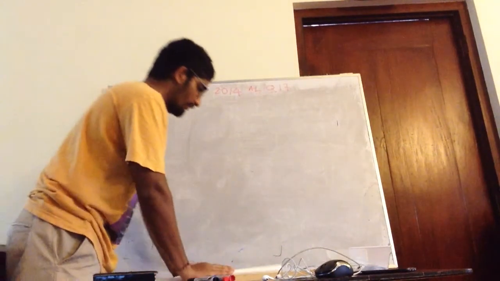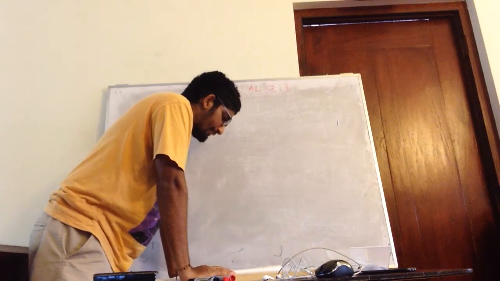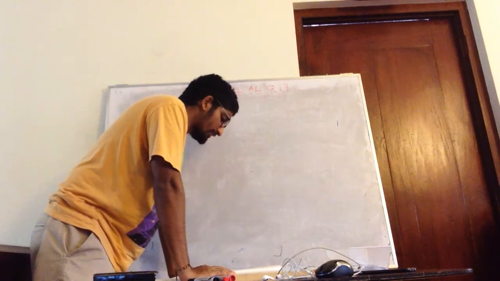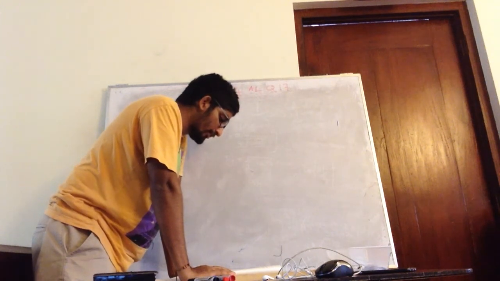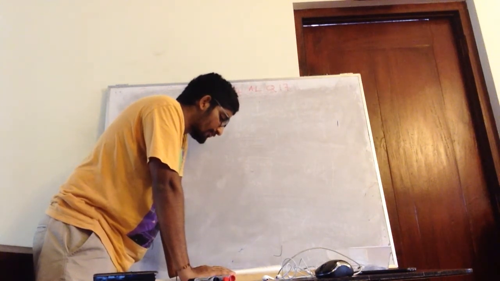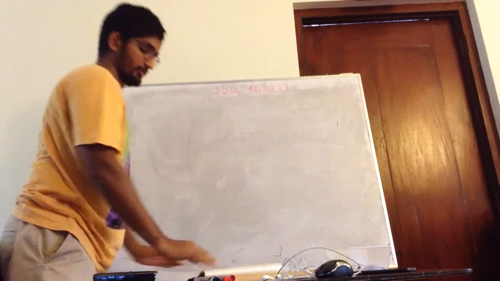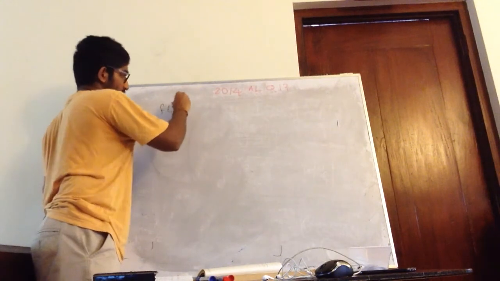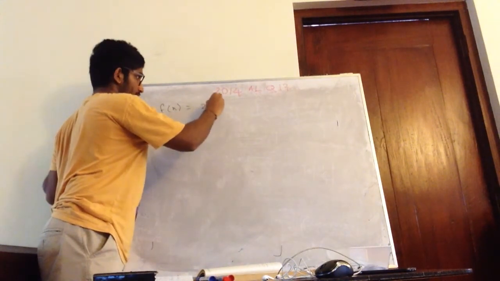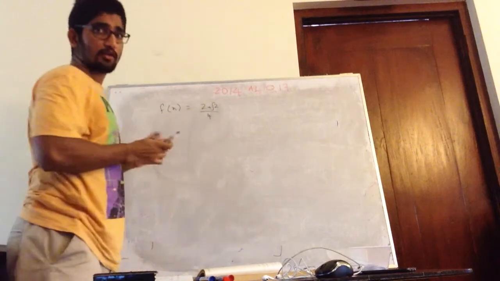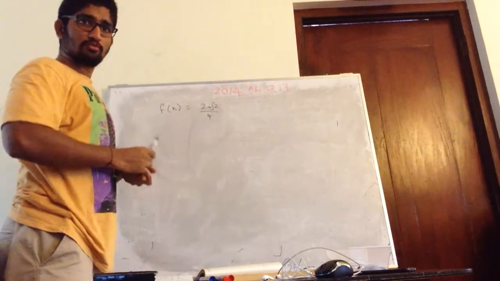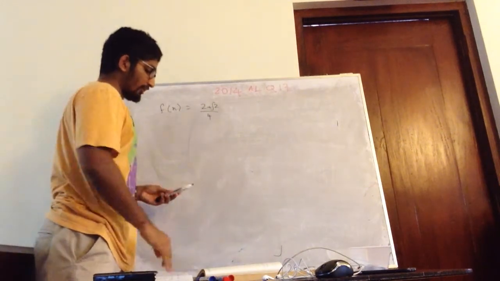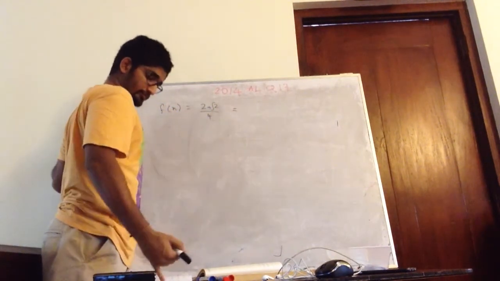Now what are they saying next? They are saying solve the equation f(x) equals (2 plus square root 2) over 4. So that's the next question. They are telling us to solve this. Right, so now we got a solution, and we wrote f(x) in terms of this.